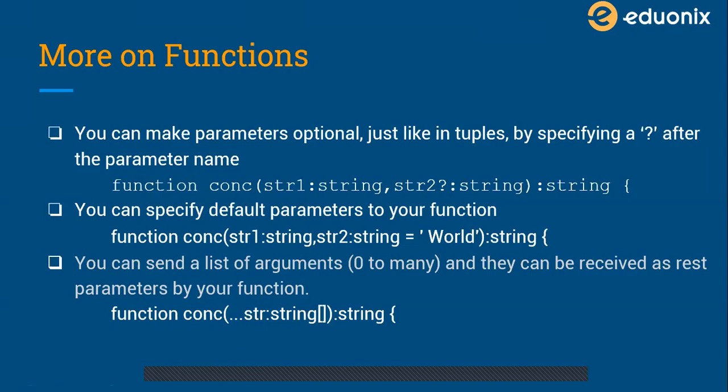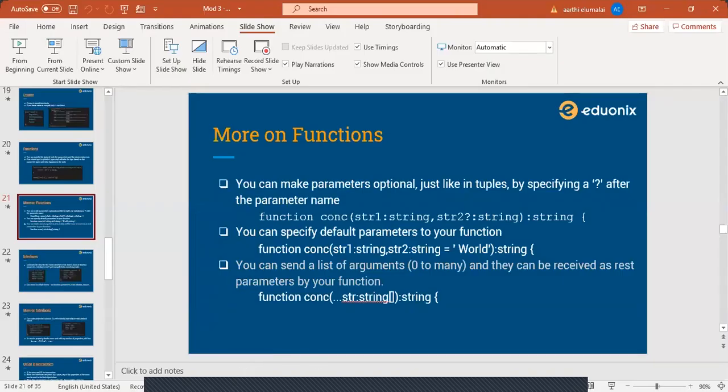If you only want strings to be sent in your list of arguments, then make it an array of string. On the other hand, you can make it an array of numbers or a combined array, just like we saw before. Okay, so that's rest parameters. Let me quickly look at all of those things now.